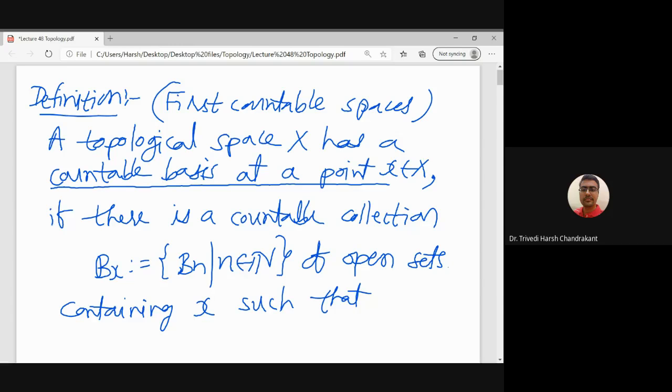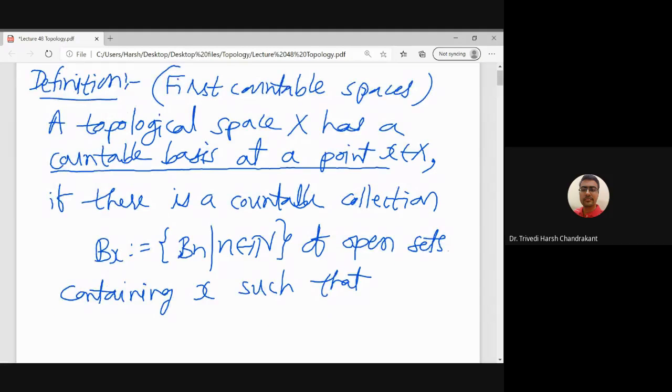What we will do is not consider every open set, but we will consider a neighborhood of this point.